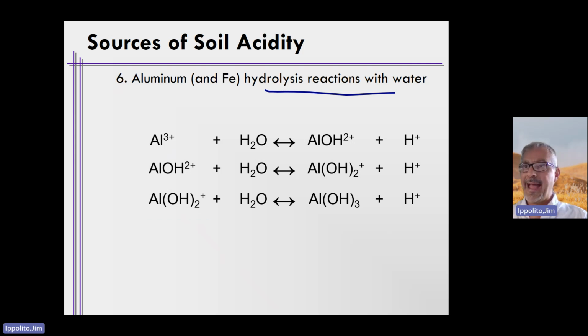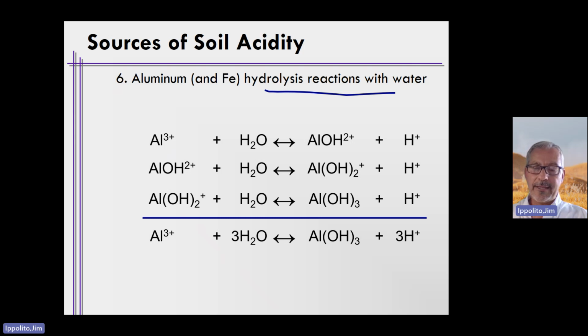But this overall reaction of aluminum reacting with water in the soil to form this mineral, if you add these three reactions together, this is the overall reaction. Aluminum reacts with three waters to form aluminum hydroxide, which is called gibbsite. You don't need to know that. And it forms three free hydrogen ions. So it generates acidity. The same reactions occur with iron.